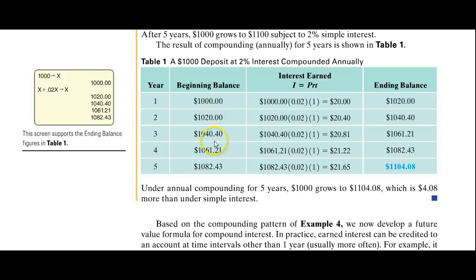And this continues until after the end of 5 years, compounded annually, you now end up with $1,104.08.